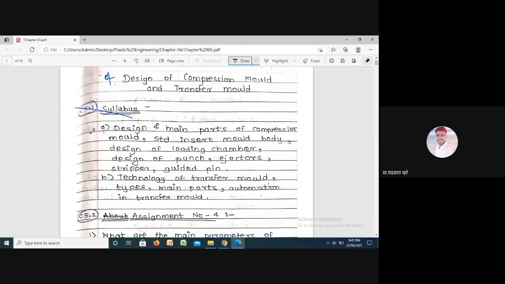Then B part: technology of a transfer mold, types, main parts, automation in the transfer mold. Take 1 minute and write this down.